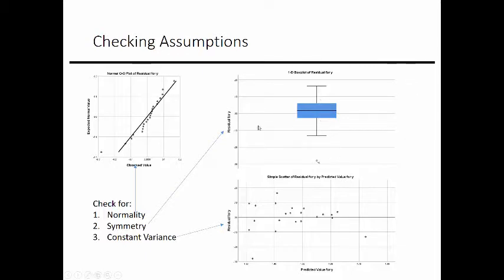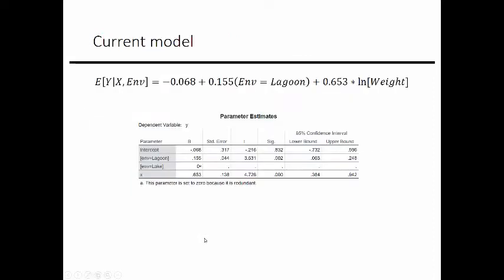So whether it's normal or not, it at least appears to be symmetric with this one outlier, and you can see that that's observation 16. If I look at my residuals and didn't have this observation 16 in there, it doesn't look horrible. There's a little bit of possible pattern, but it's not terrible.